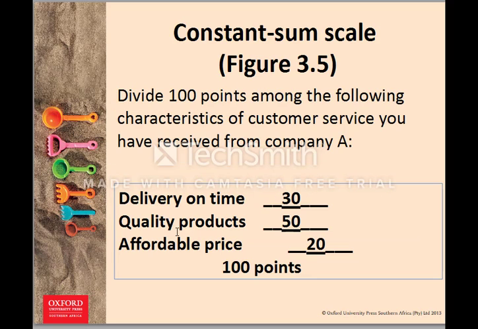Okay, constant sum. This you would use, for instance, if, in this example, they say it's customer service, but we might ask you, what are the deciding factors when choosing an organization to work for? And we might say organizational culture, compensation, the job itself.